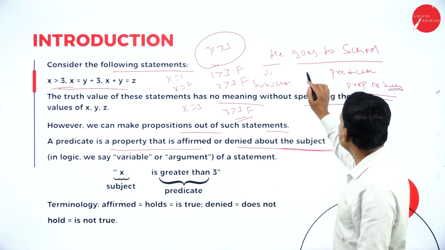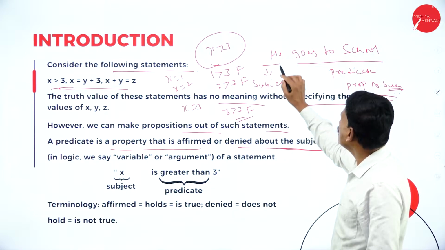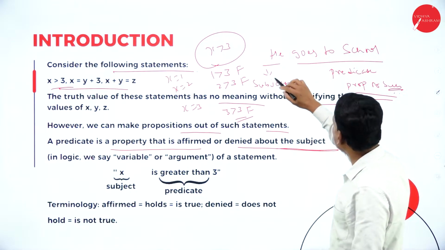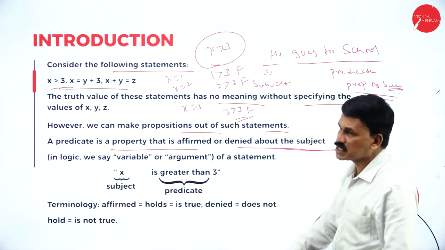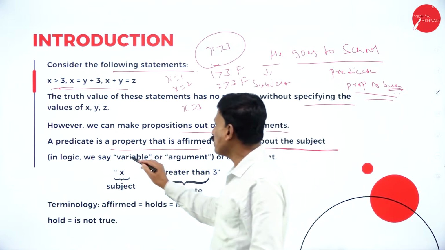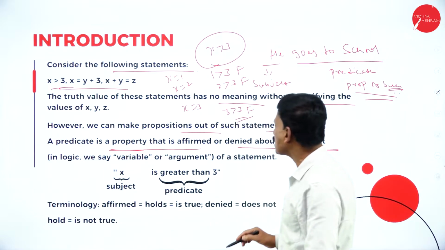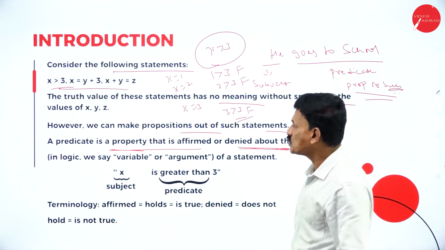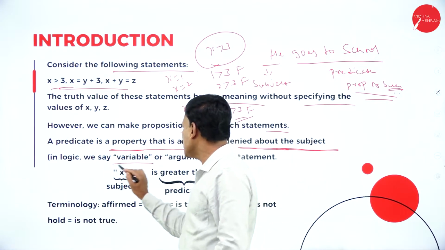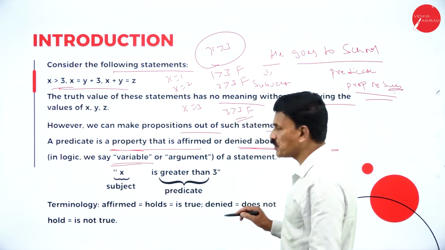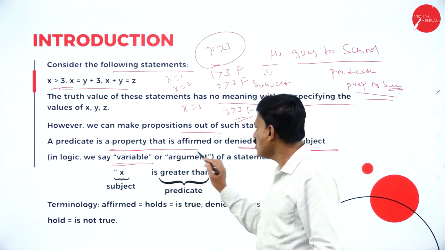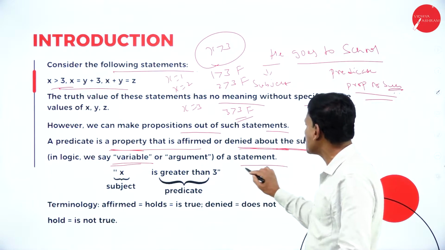See here in this example, E is nothing but the subject. "Goes to college" is the predicate. The property of E, that he goes to college, is the predicate. So a predicate is the property that is affirmed or denied about the truth of the subject. In logic we say variables are arguments. So here the variables are the arguments of a statement.